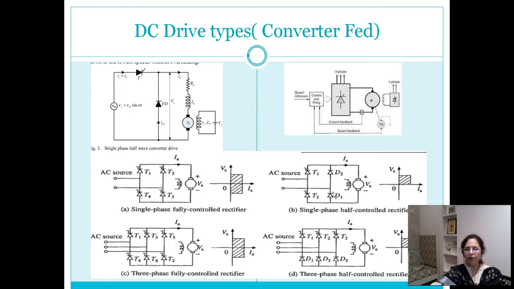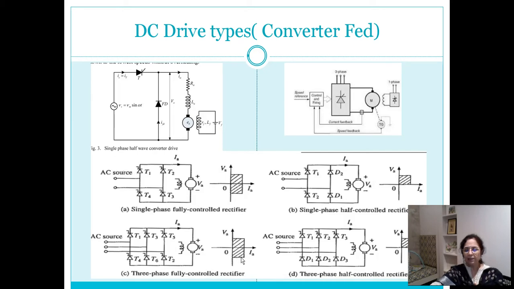For half controlled rectifier, the converter configuration can operate only in first quadrant, and so is the motor. When we look at three phase configurations, same is true for fully controlled rectifier or half controlled rectifier, and since it is connected to a three phase supply, higher voltages will be available for the armature of the motor.